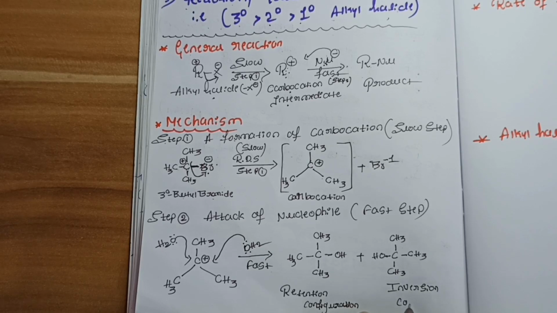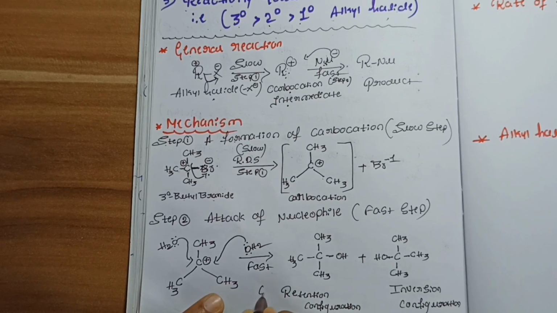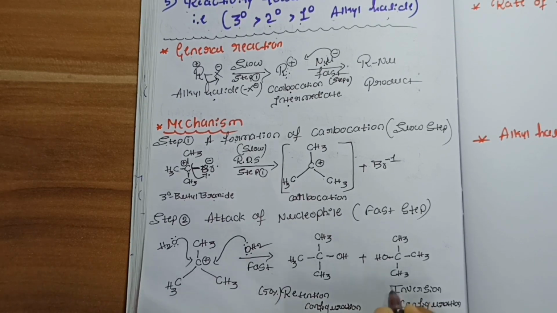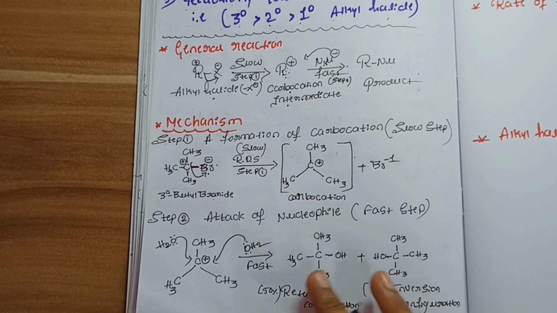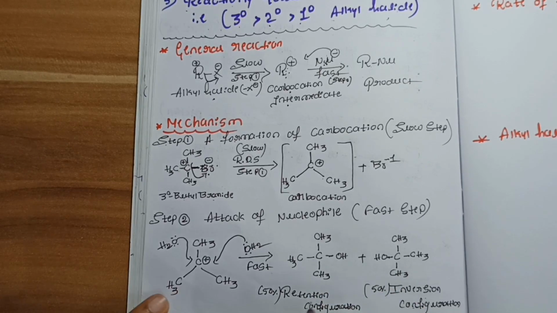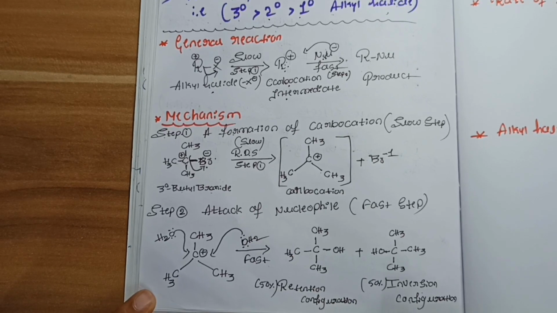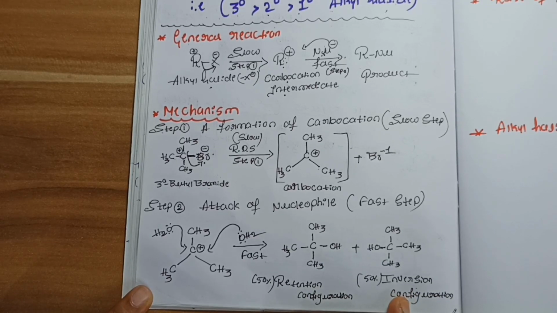We will get 50% retention configuration product and 50% inversion configuration product. Both are in equal amounts. This mixture is what we call a racemic mixture. Equal amounts of retention product and inversion product, and combined these two are what we call a racemic mixture or racemization.